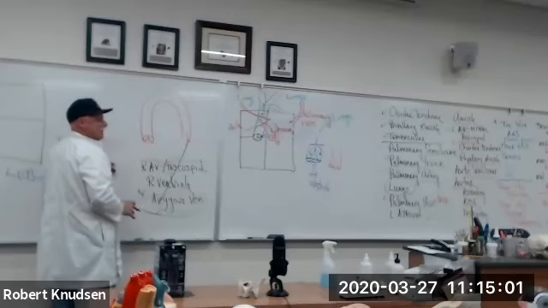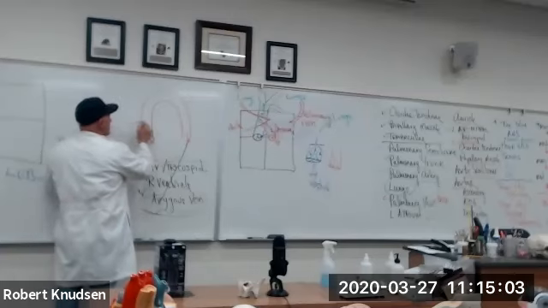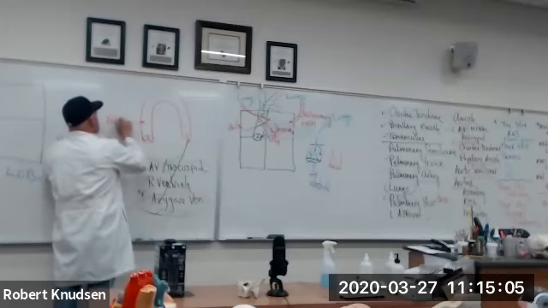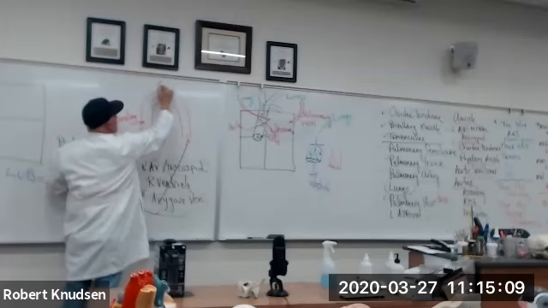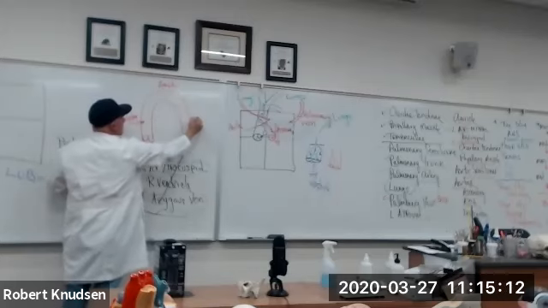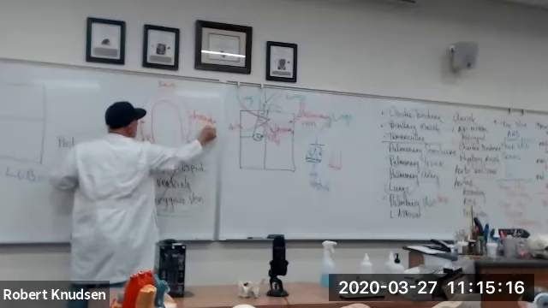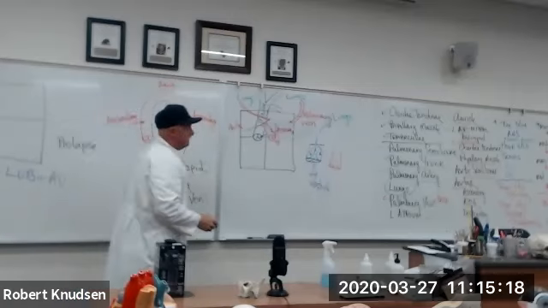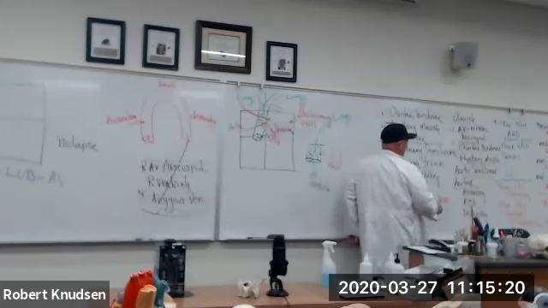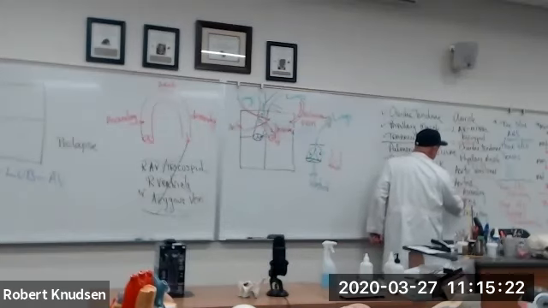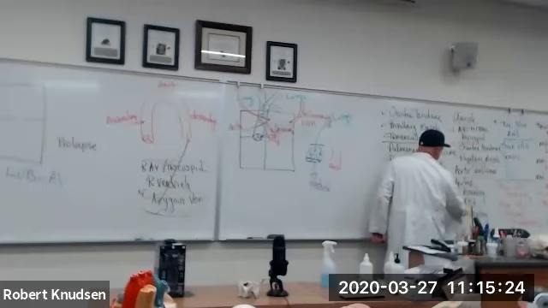Specifically, the aorta is made up of 3 parts. Ascending, arch, descending. Aorta, ascending, arch, descending.